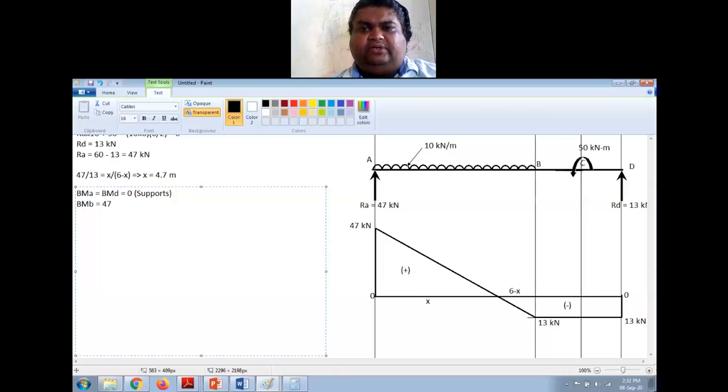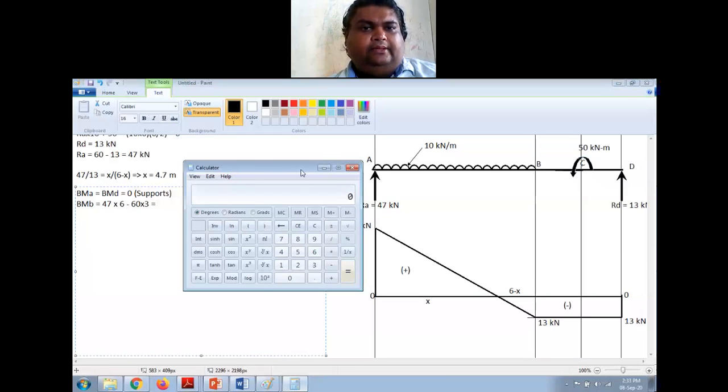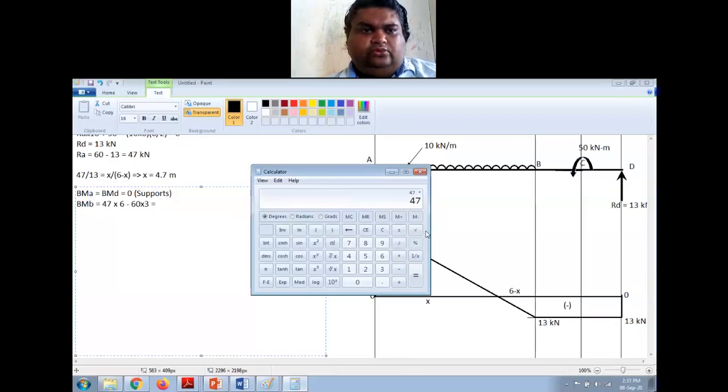So it is 47, that is the value of RA, into the perpendicular distance 6, into 6, minus, now this force of UDL is acting downward, so it is making counterclockwise moment on the left side, so that will be negative, that's why I took minus 10 into 6, so I'll directly write it as 60 kilonewton multiplied by, I'm assuming that it is acting at the midpoint, so it is 3 meters, into 3. So this will be 47 into 6 minus 180.